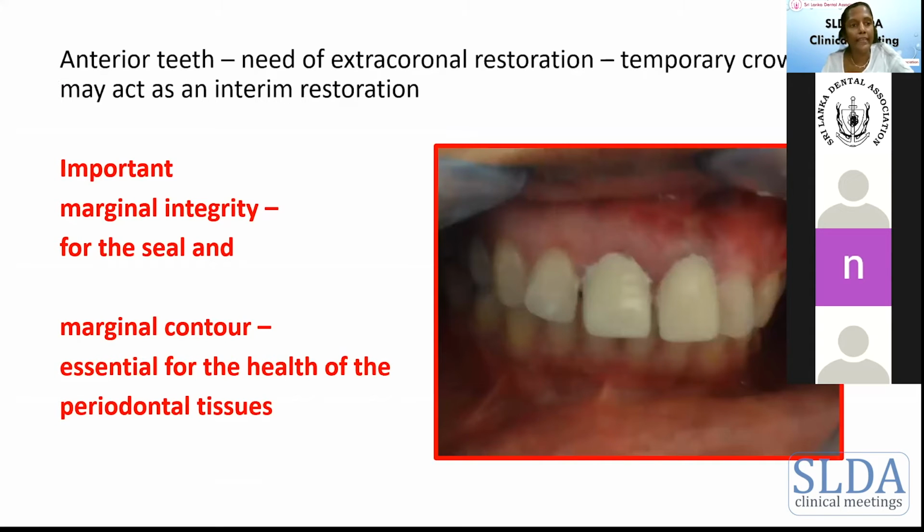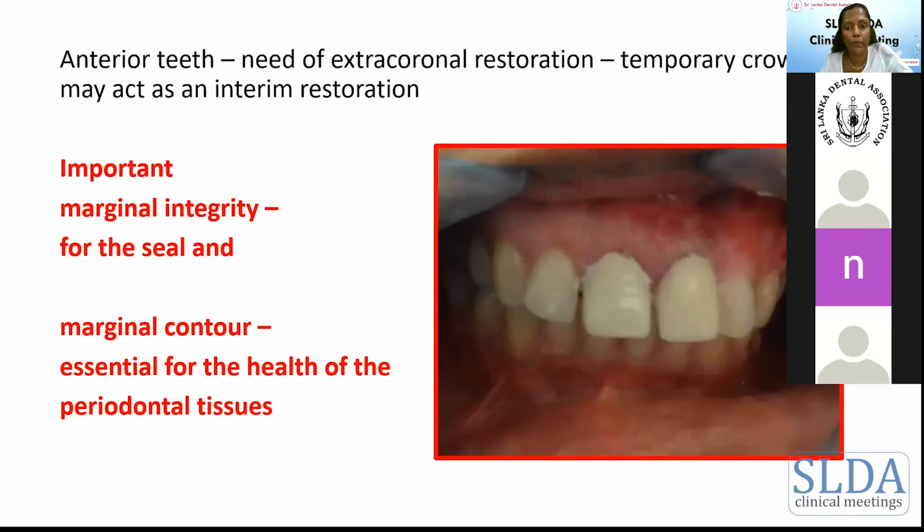In the anterior region, if you have decided on a crown as the definitive restoration, you can provide a temporary crown, which may act as an interim restoration. But you can see in this patient, badly made temporary crowns, there is no marginal integrity and the marginal contours are not good.